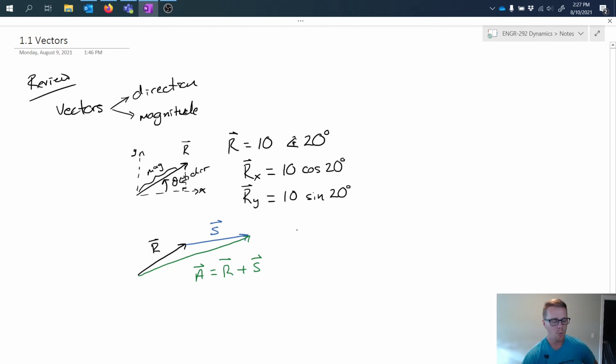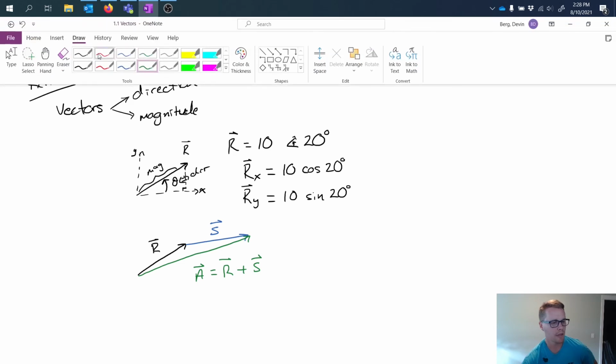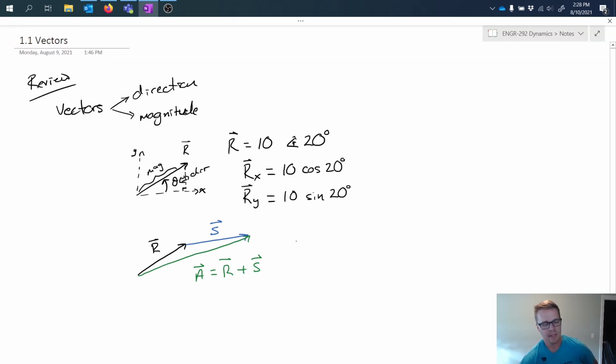Now, one way that I can deal with this is I can take the vector addition in the x and y components, which you may have seen before, basically saying that Ax is going to be equal to Rx plus Sx, and Ay is going to be equal to Ry plus Sy.